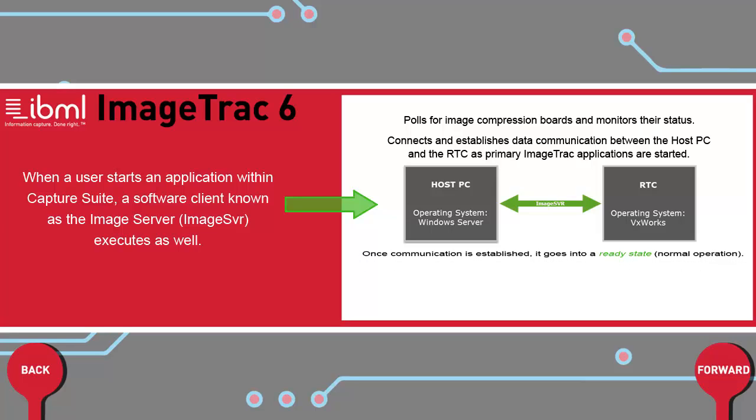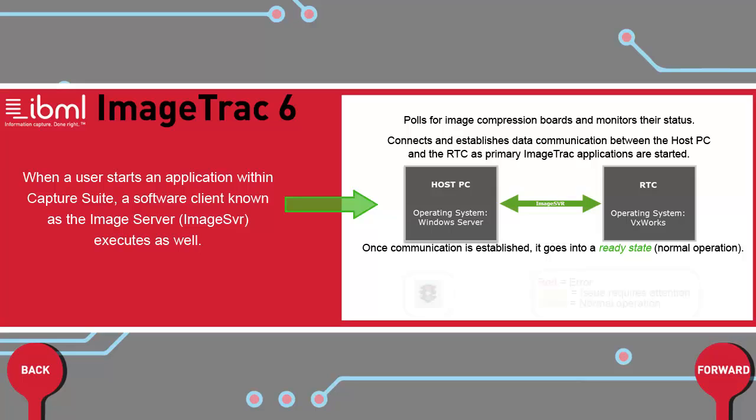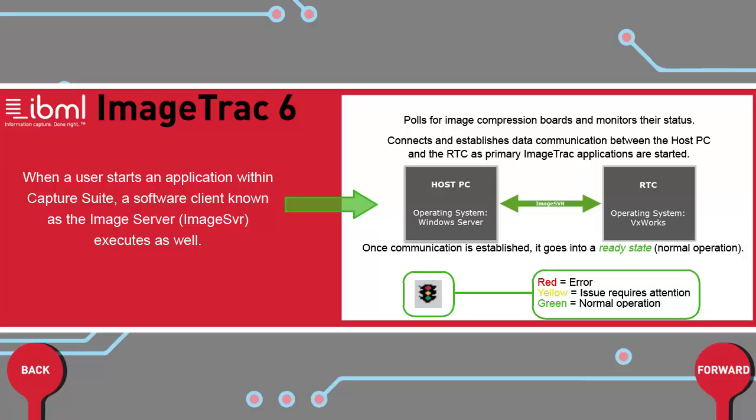Once the image server establishes communication with the camera boards, it goes into a ready state. All of these steps must be completed successfully, known as the boot process of VxWorks, and check the track for those installed modules we mentioned earlier before the scanner is ready for operation.